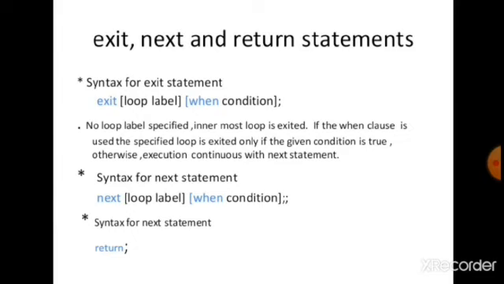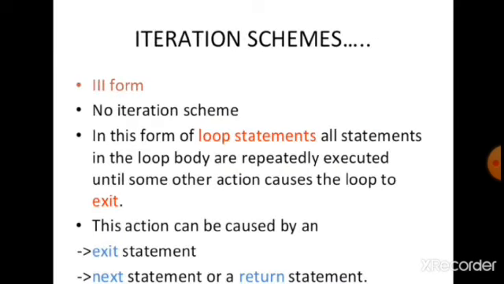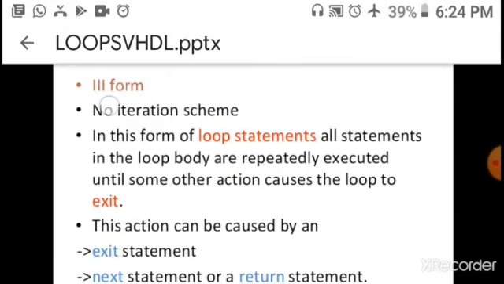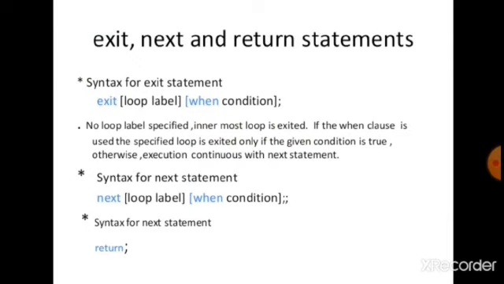Okay, before we use an example for the no iteration scheme, let us study the general syntax of the exit statement. Okay, this is the general syntax of the exit statement. So exit is a keyword. Afterwards we write the loop label, and next is when and the condition.